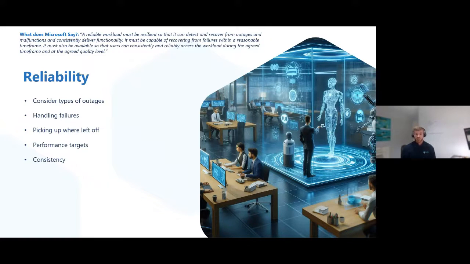These things could be Microsoft 365 outages, third-party outages, or even people being away from the business. They could be on holiday or on annual leave. The system needs to not be solely reliant on any one of these things. And if any one of these things goes wrong or is down, the system needs to react in a way that's acceptable for end users to either continue on with their day-to-day or at least be aware that there's an issue with the system and things will be picked up further down the line.